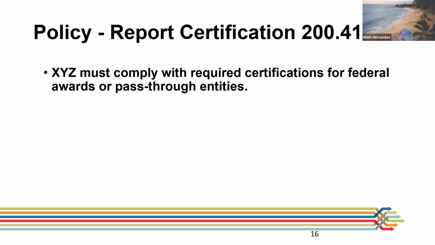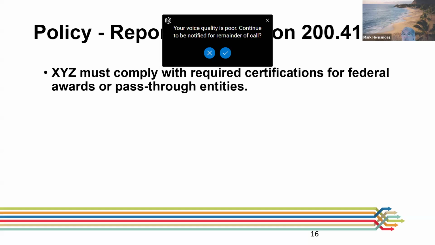The last part is a policy on report certification. This has become very big in the federal government and pass-throughs, the state agencies and everything else. Usually you will see it in the grant award or a notice of award, or in a grant contract, depending on how that works.